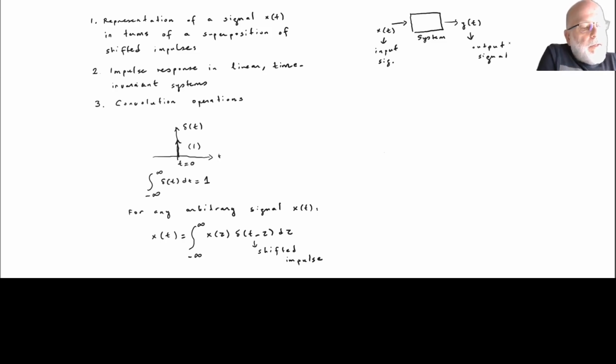Now, in several applications, there are systems which are especially important, satisfying certain properties. Now, the first such property is linearity.